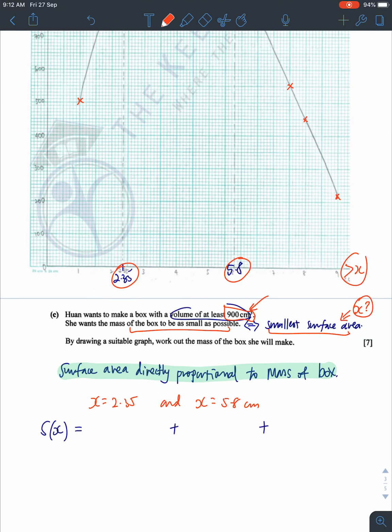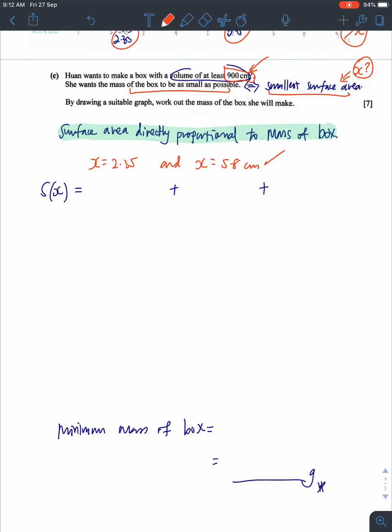So now writing this down, we have these values, and now we need to consider the formula for the surface area. Recall that we have this box. Its length is 30 minus 2x, its breadth is 20 minus 2x, and its height is x.